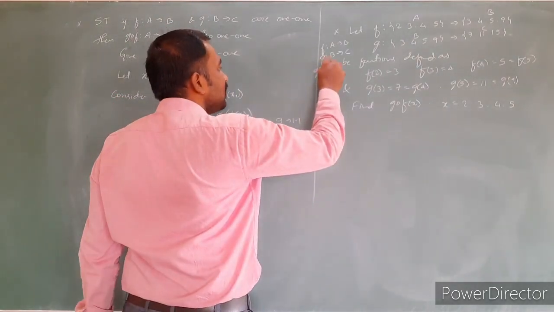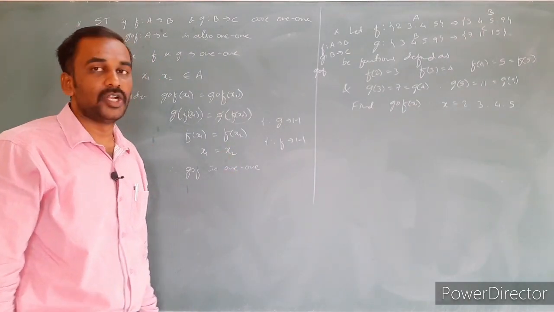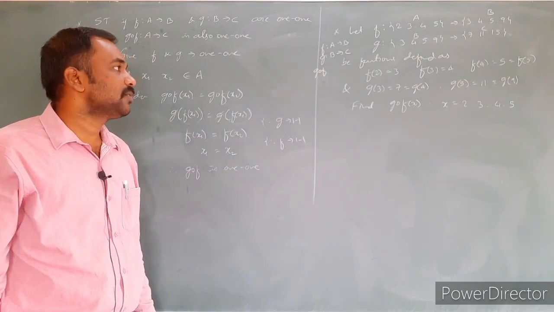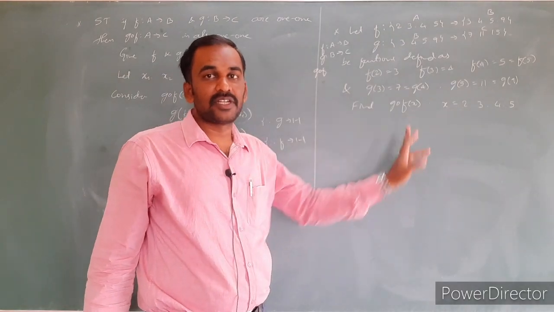Yes, g circle f is possible, but f circle g is not possible. Only g circle f is possible, so that is what they are going to ask.